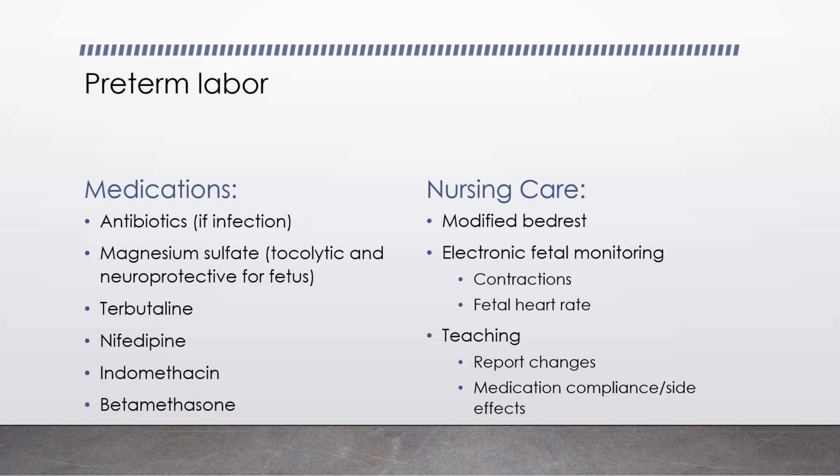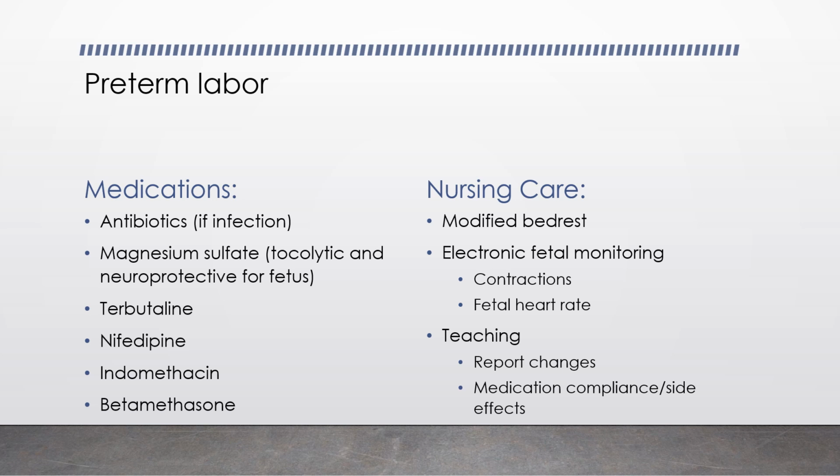Given after that time, there's a chance of the ductus closing prematurely, and the ductus arteriosus is one of those shunts in fetal circulation that we want to stay open until after the baby's born. The last one there is betamethasone, and we discussed that a little bit, but that's a glucocorticoid given IM to a mother if they believe that she's going to deliver preterm. And that helps to decrease inflammation and also helps mature the baby's lungs, produce surfactant.